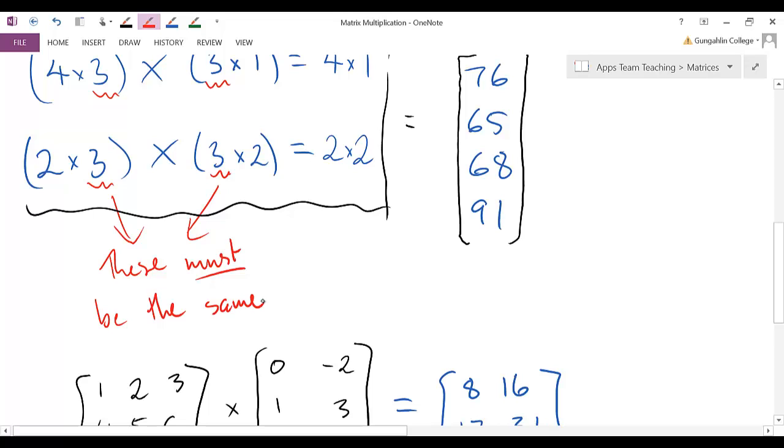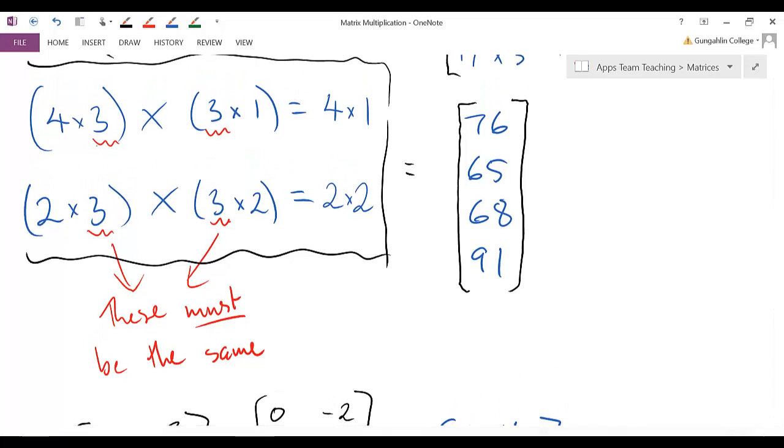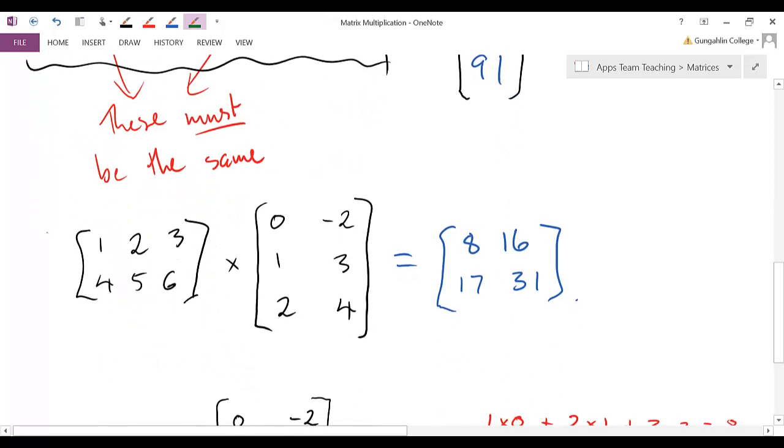So unlike addition where we had to have the matrix orders lined up exactly, in this case we only need these two numbers to match up. Something else to notice, the number of rows in the first matrix and the number of columns in the second matrix are the same as the result. So this is 4 rows in the first matrix and 1 column in the second matrix, and I got a 4 by 1 matrix as the result.